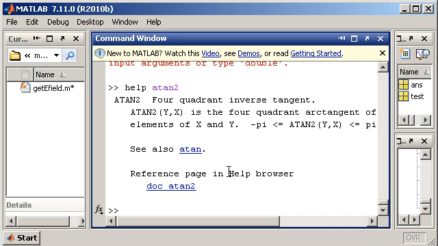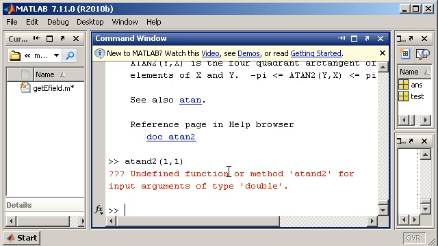Help on atan2. See also. Okay, let's try atan D2. Okay, no such thing. So I'm going to get the tangent. Looks like all I can use is atan2. And presumably that gives me the angle I'm looking for in radians.